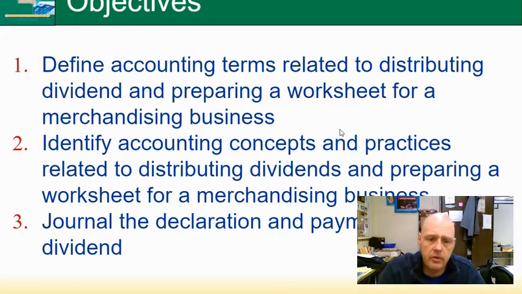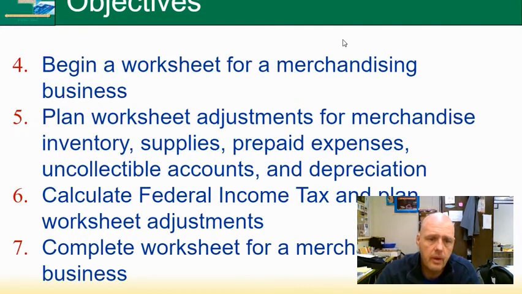As we look at our objectives, we're going to define accounting terms related to distributing dividends and preparing a worksheet for a merchandising business. We're going to identify accounting concepts and practices related to distributing dividends and preparing a worksheet for a merchandising business. Journalize the declaration and payment of a dividend. We're going to begin a worksheet for a merchandising business.